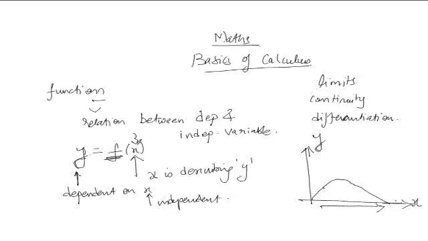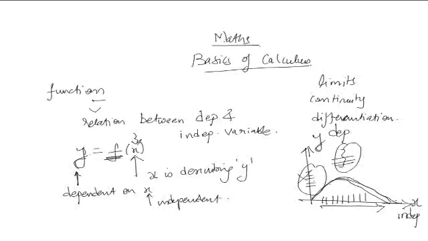The values of y are decided by x. It cannot occupy any value here. It can occupy only the values on this function, correct? So x can take any value here, whereas y cannot. This is not possible. So we say y as dependent and x as independent. That is, x has the freedom to select any value it wants, whereas y will be limited by x.